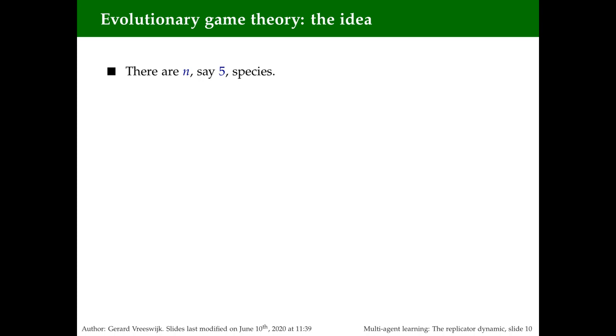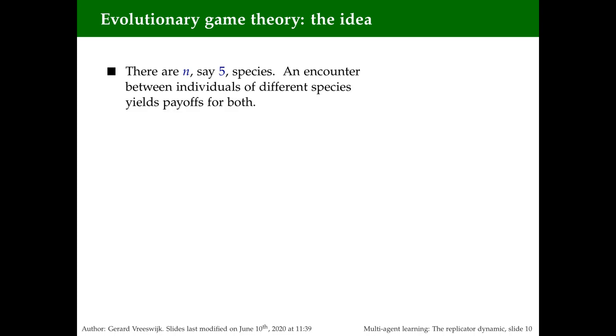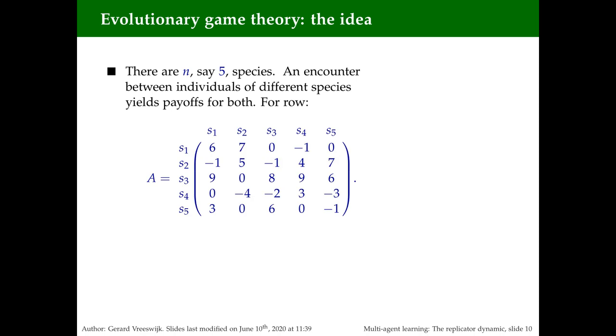So as an example, you say you have 5 species, and an encounter between individuals of different species yields payoff for both. Now, for example, an encounter of an individual of species 1, species 2 against an individual of species 1 yields -1 for species 2, -1.